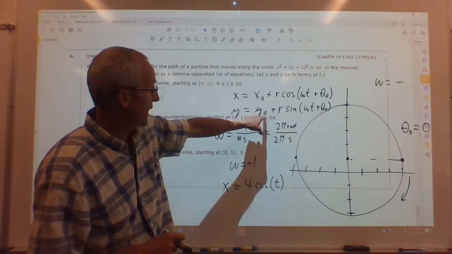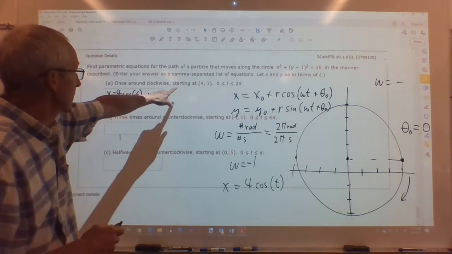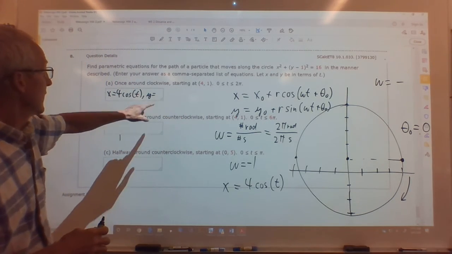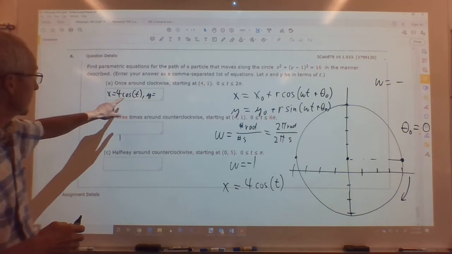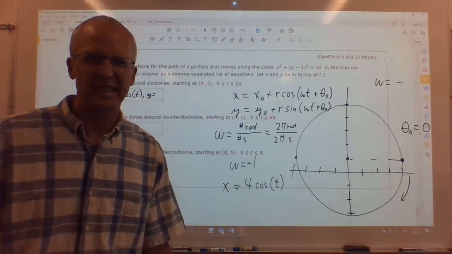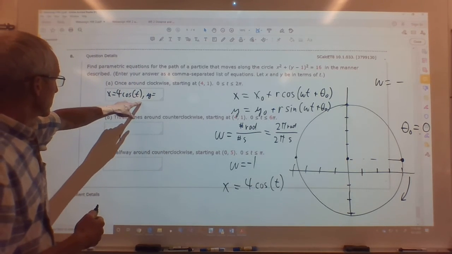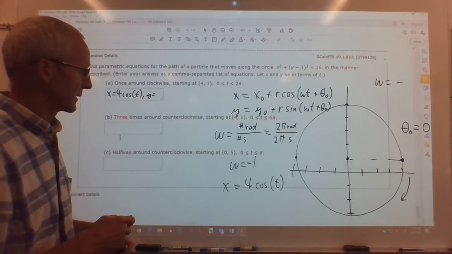Mine has a 1 plus, and then it's all the same thing. They want a comma separated list, so this is the way you'd write it. Make sure you put parentheses around the t, otherwise it'll think it's a word, C-O-S-T, which doesn't exist. So put parentheses around the t, comma, y equals the same thing.